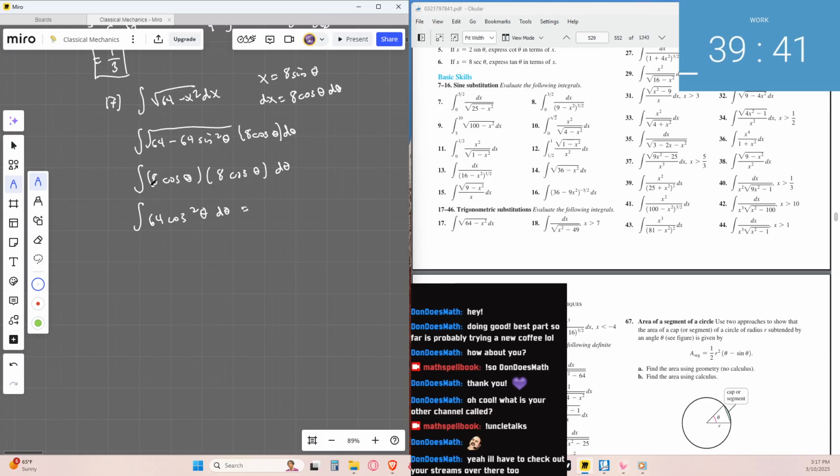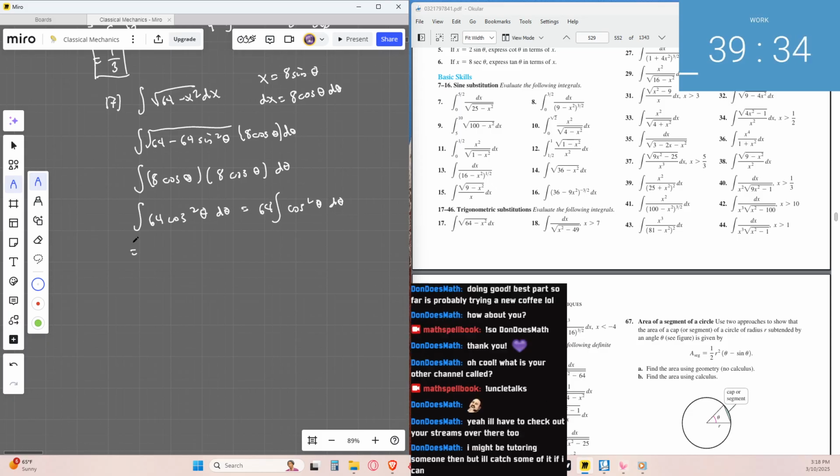Okay, so we have 64, so bring 64 out here. And we got cosine squared. And I think for here, 64, we'll just change it to theta, like this. And then we'll bring this 64.5 out here. And then 3 and 32.